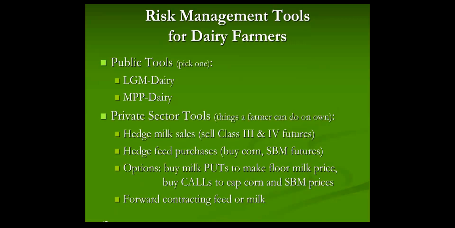You might look at options as another tool. If you're a milk producer and you buy a put to protect the downside, you have the right to sell at some price with a put. You can do that at a cost when those numbers are published on websites and so forth. If you want to protect your inputs as a user of corn or soybean meal, you'd want to buy a call.